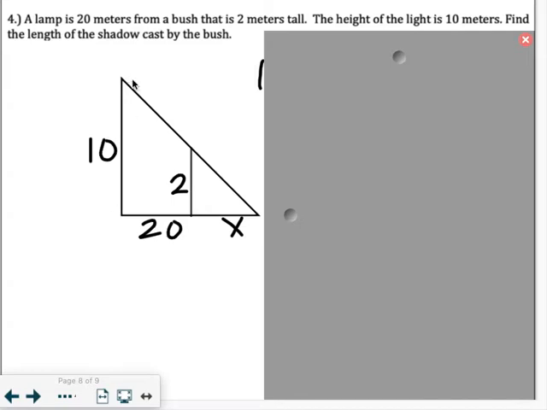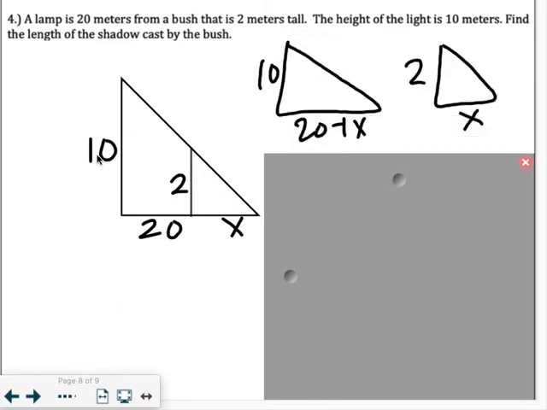So in this instance, where we have the light that is creating this shadow, this is overlapping, and then we need to draw these triangles separately to solve. So the large triangle has a height of 10, and the base here is 20 plus x.